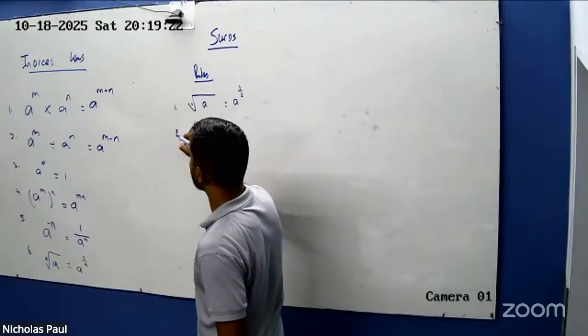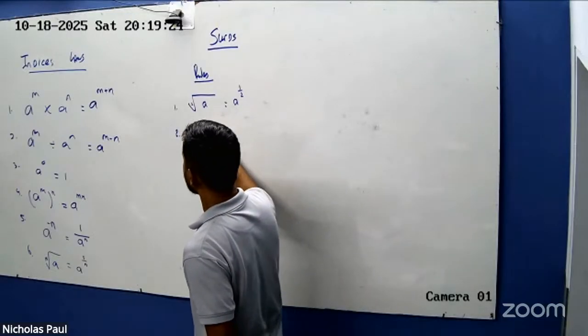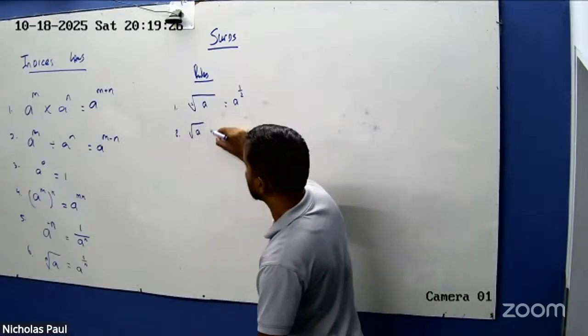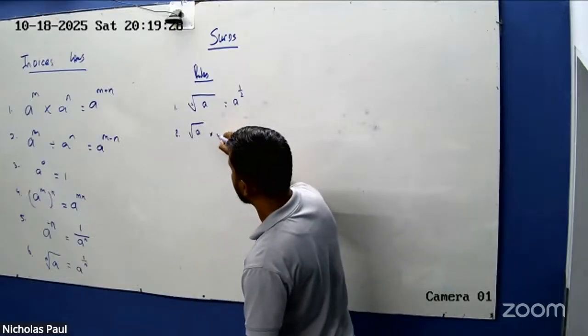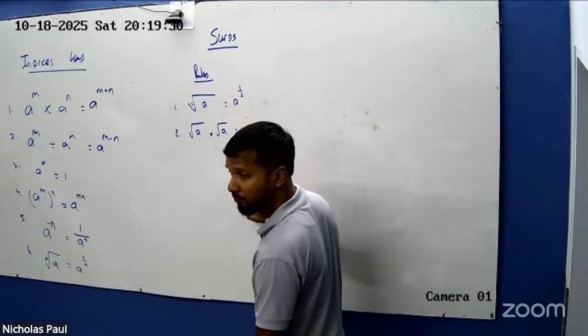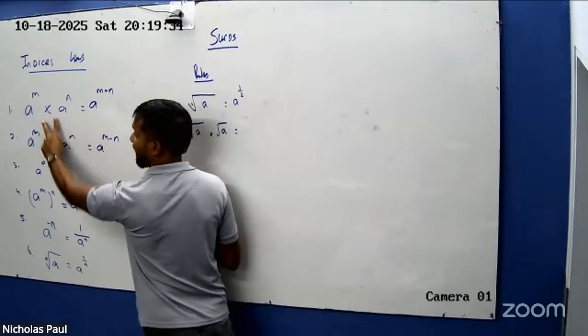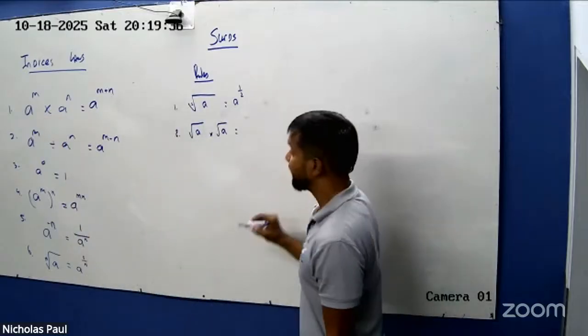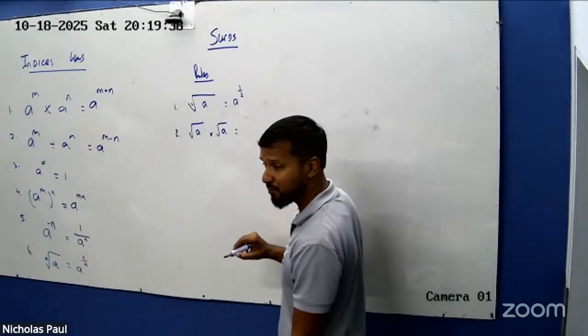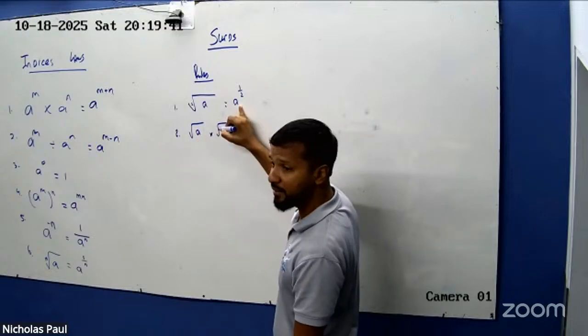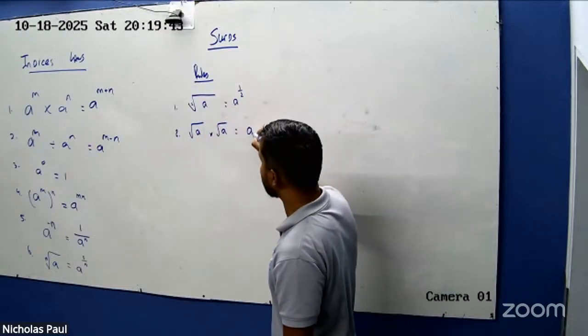Second rule. What is the square root of a multiplied by the square root of a? Watch this here. Somebody said a. Let's see if that's correct. What is the square root of a again? The square root of a is a to the power of a half.